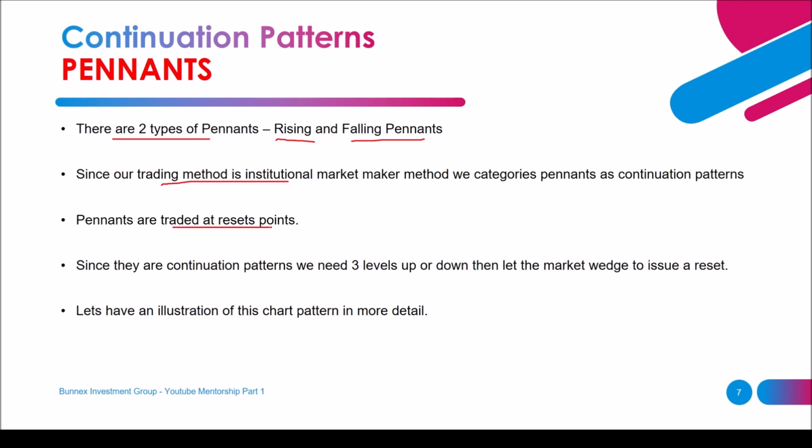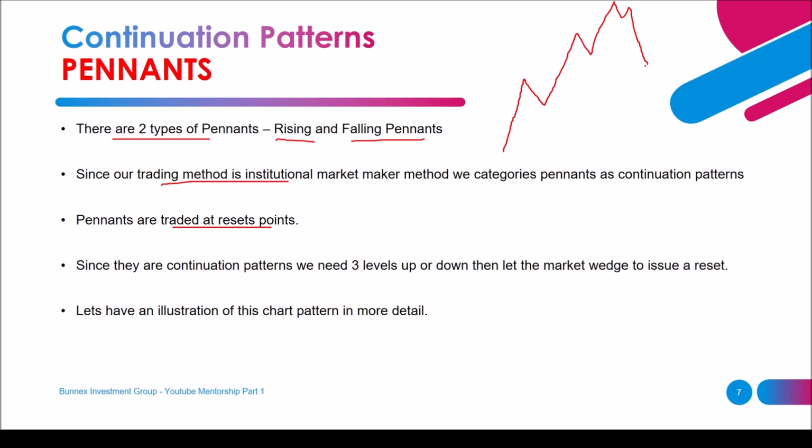Pennants are traded at reset points, right? If you are not versed with resets and the terminology of the market maker method, it is the one that we teach in our advanced market maker method course. After a cycle completes, a cycle completion is a point where we look for reversal.